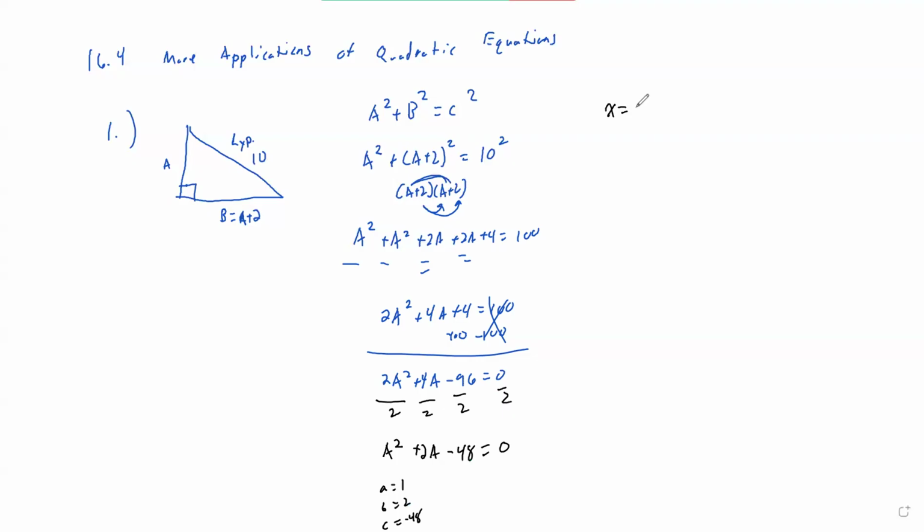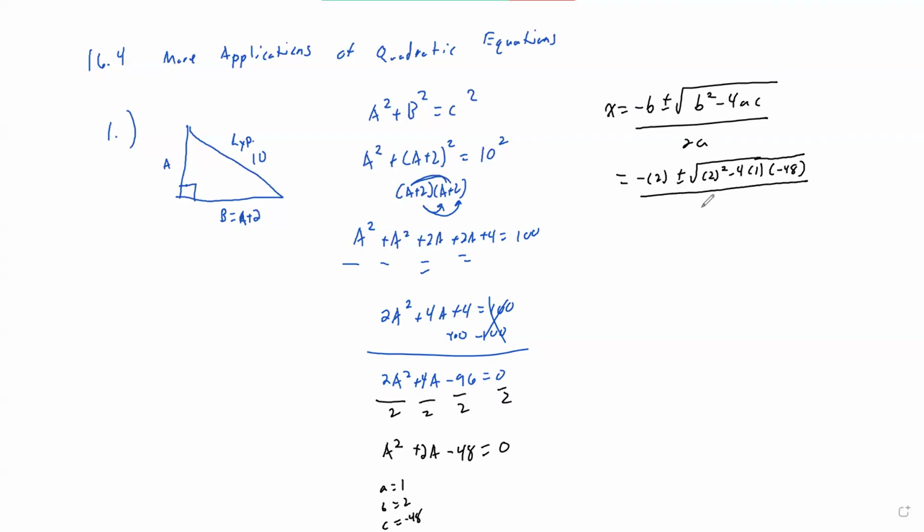Remember, the formula is x equals negative b plus or minus the square root of b squared minus 4ac, all divided by 2a. So in this case, I'll get negative 2 plus or minus the square root of 2 squared minus 4 times 1 times negative 48, divided by 2 times 1.